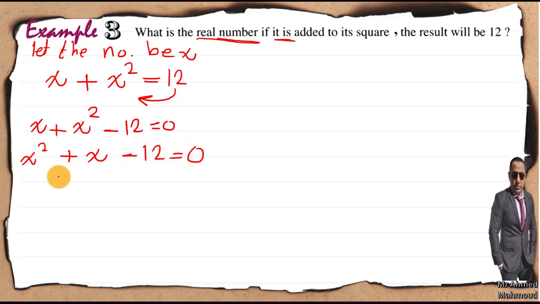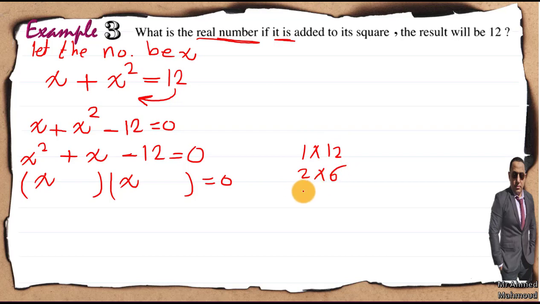Okay, here I don't have a common factor, so I'm going to factorize. Open two brackets. Here x and x. 12 equals 12 divided by 1 equals 12. 12 divided by 2 equals 6. 12 divided by 3 equals 4. I need two numbers, their difference is 1.